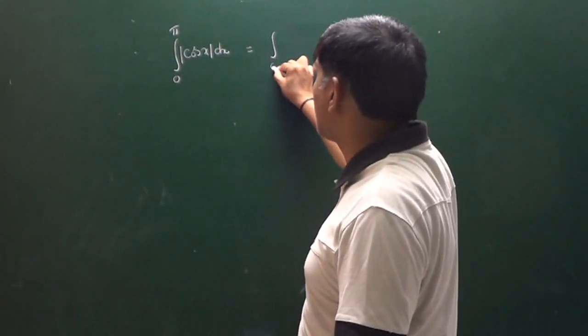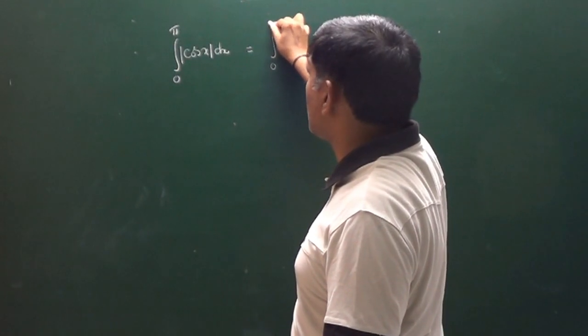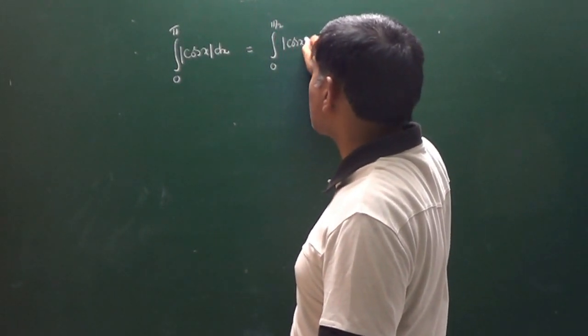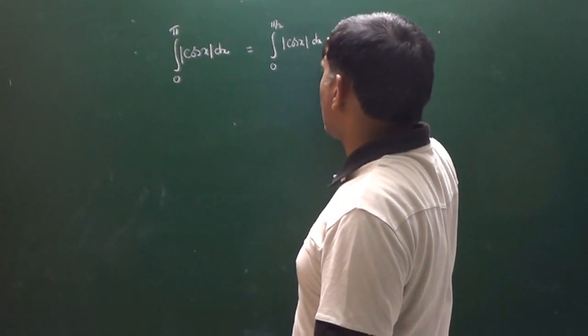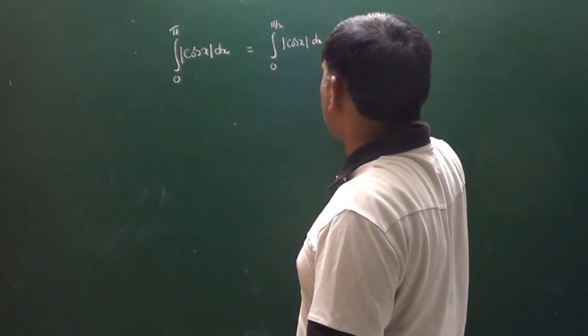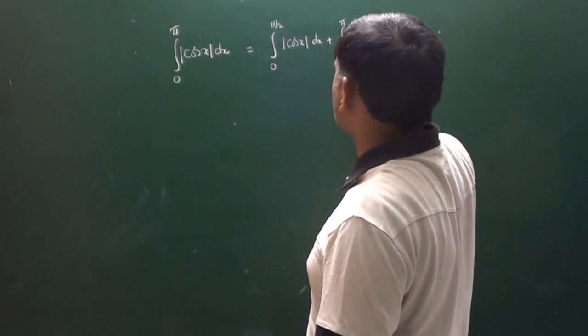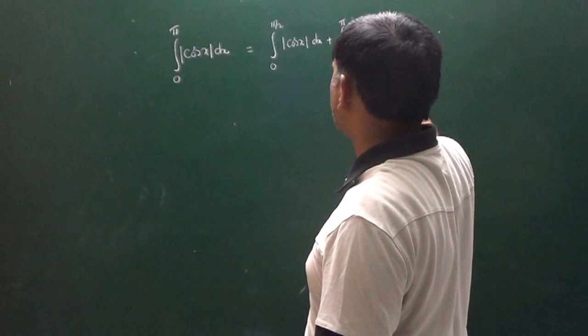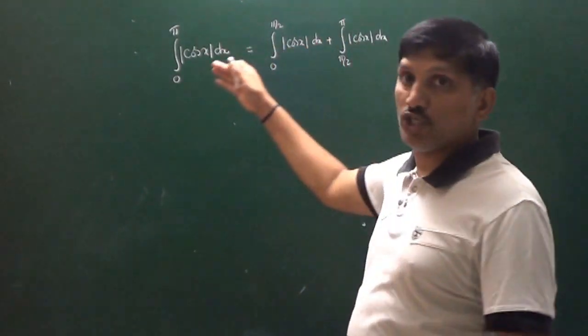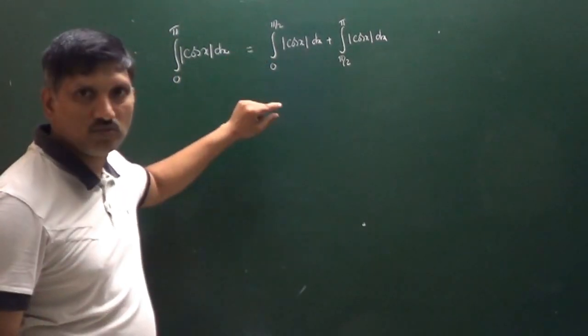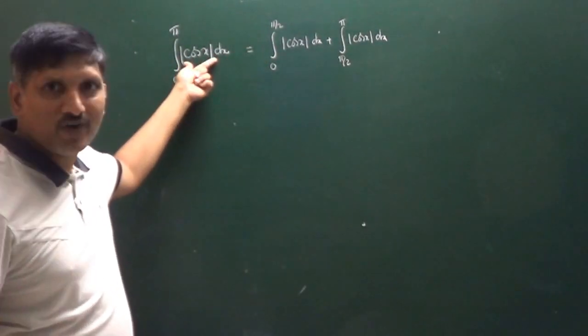That's why I am splitting it like this, observe here: integral 0 to pi by 2 modulus of cos x plus integral pi by 2 to pi modulus of cos x dx. So we split 0 to pi at pi by 2, because the modulus function is there.